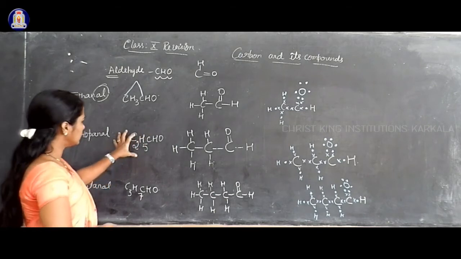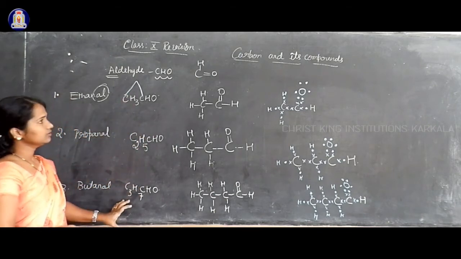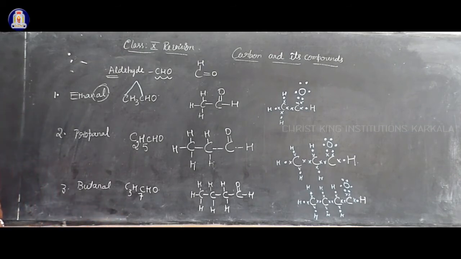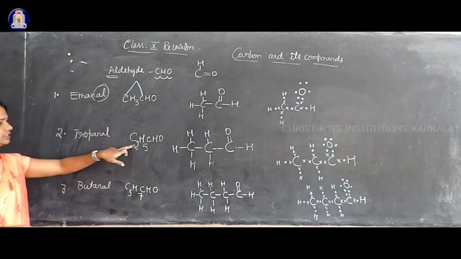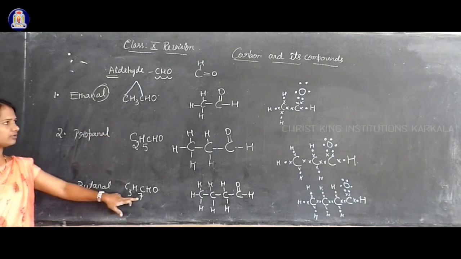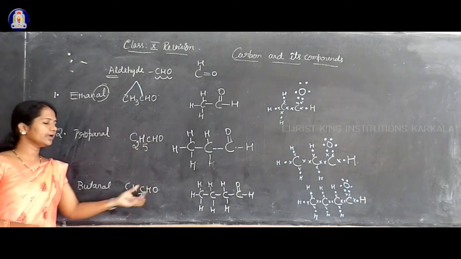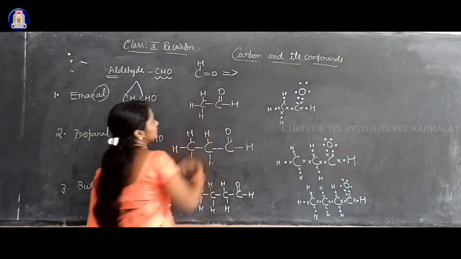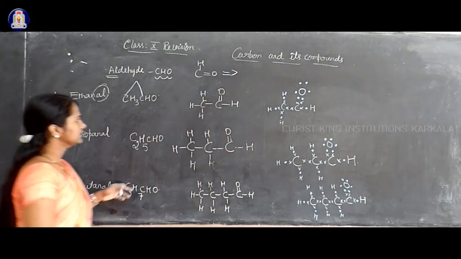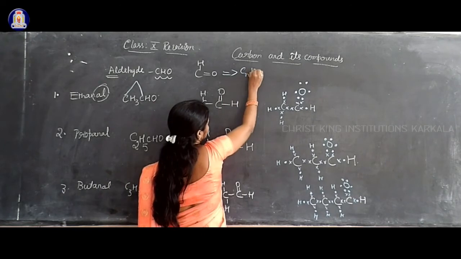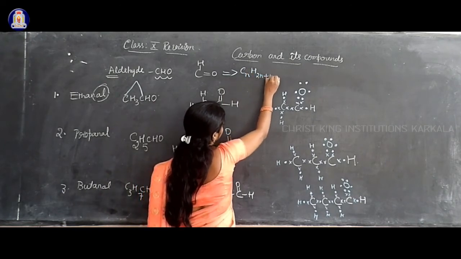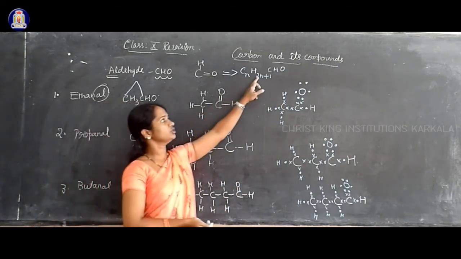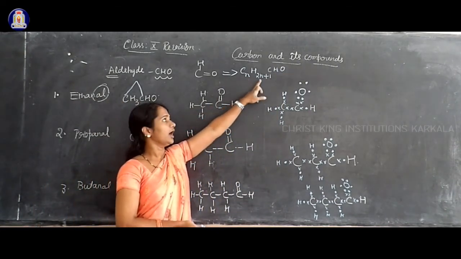So based on these formulas, we can write the general formula of aldehyde. How to write the general formula of aldehyde? You see here, CH3, C2H5, C3H7 and CHO is the aldehyde group. General formula can be written as CnH2n+1CHO.